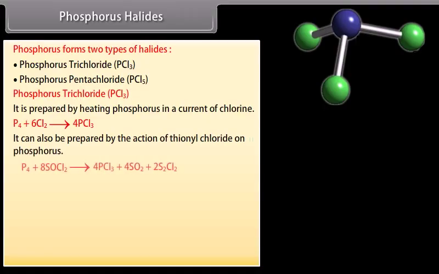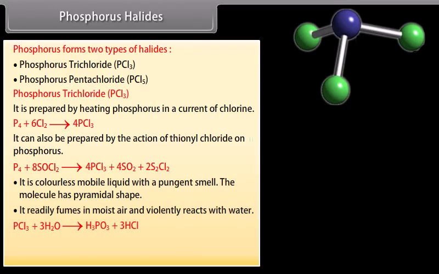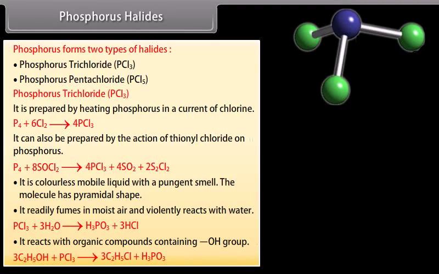It can also be prepared by the action of thionyl chloride on phosphorus. It is a colorless mobile liquid with a pungent smell. The molecule has pyramidal shape. It readily fumes in moist air and violently reacts with water. It reacts with organic compounds containing OH group.